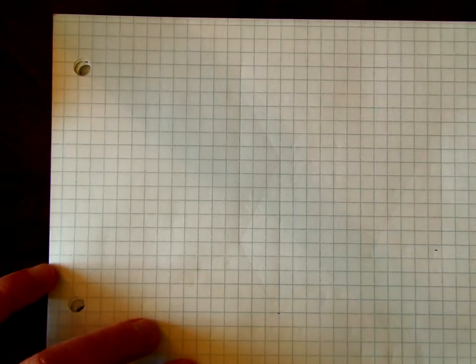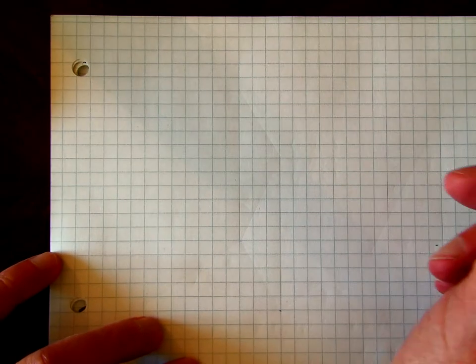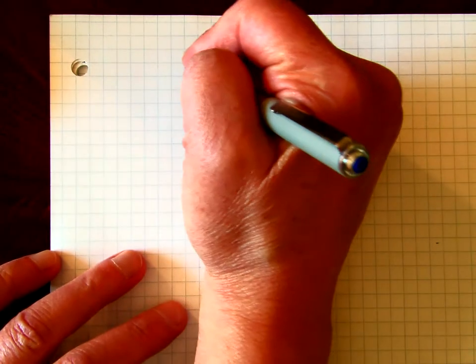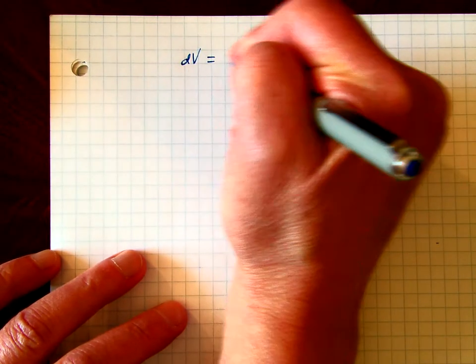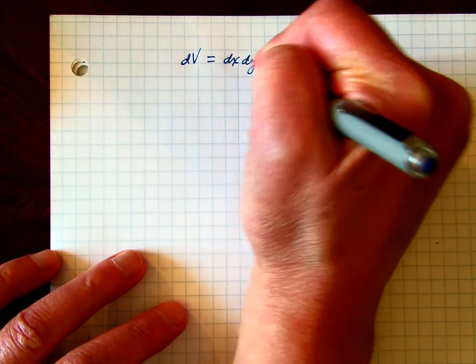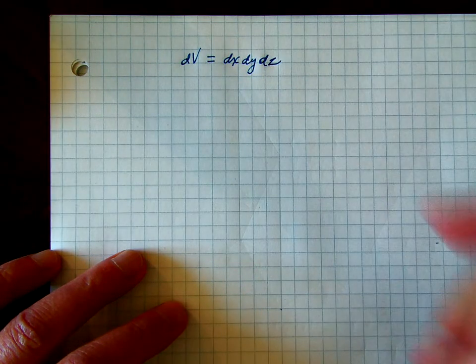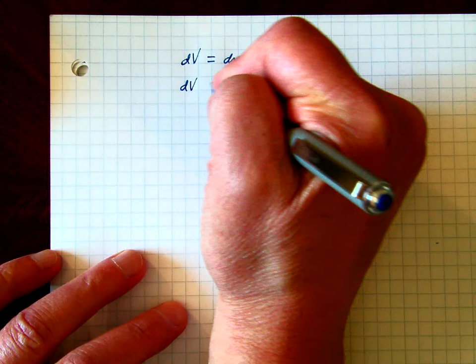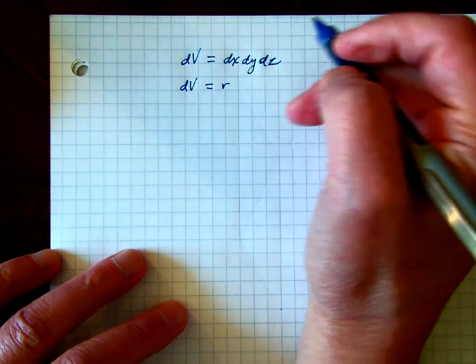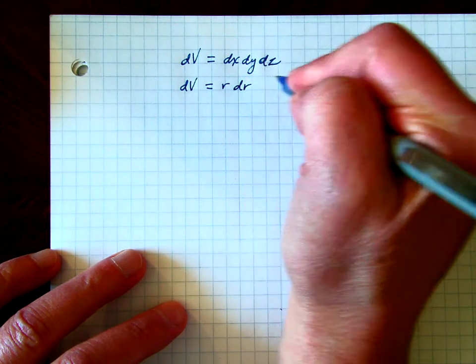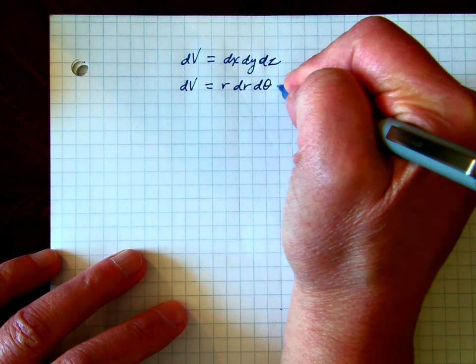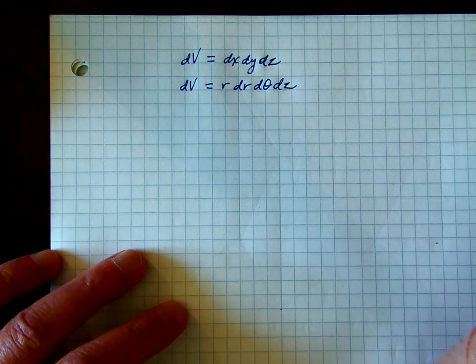Okay? Now let's talk a little bit more about what happens. I'm not going to prove this next part. I'm simply going to cite it. You can read more about it from other sources. Remember that dV is dx, dy, dz, in some order or another if you're using rectangular, or r dr, d theta, dz, in some order or another if you're using cylindrical.